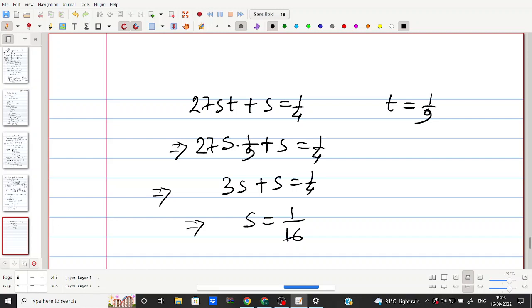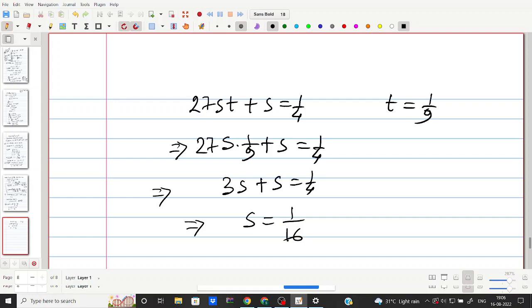That's why I have to find the value of s and t from the given x and y values. So I am putting t equal to 1/9 and s equal to 1/16 to the power 3/2. So you can check, it is 54 into (1/4)^3 into 1/9, which is 6, plus 2 into (1/4)^3.